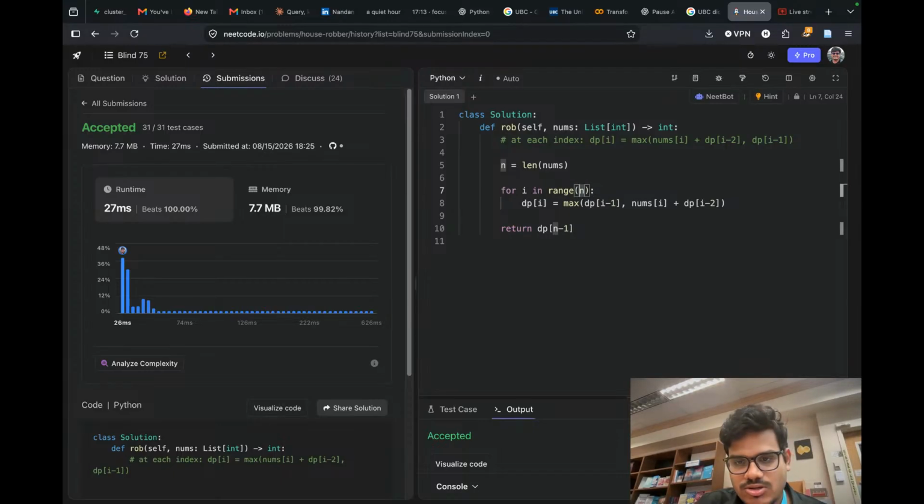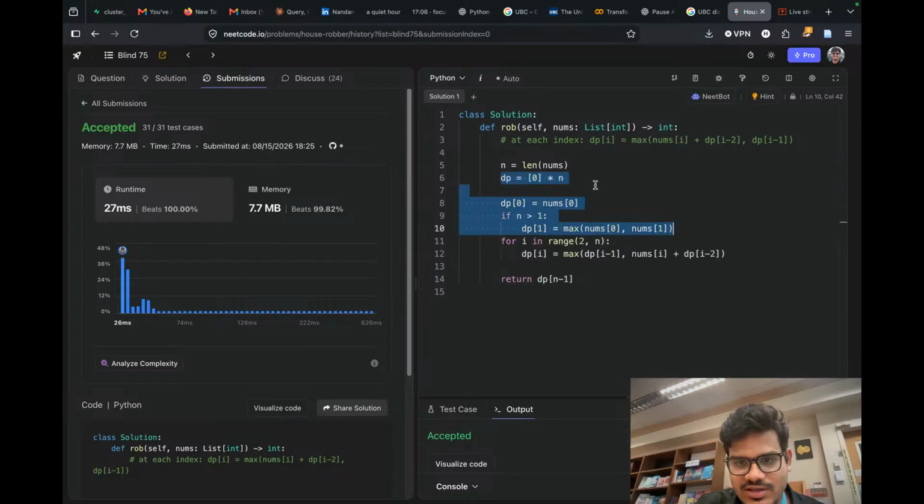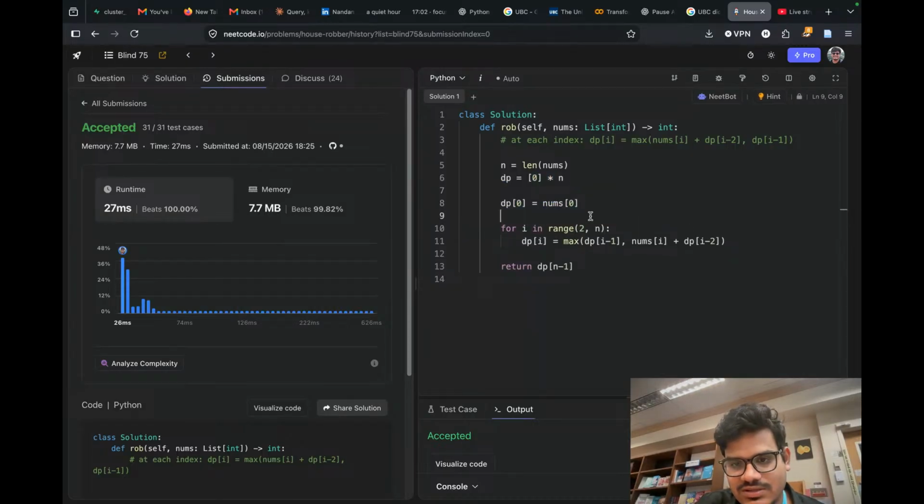For sure we'll be having a DP. Let's put nums of 0 as the base condition, and let's move i from here. So this will be the case, right? Okay.